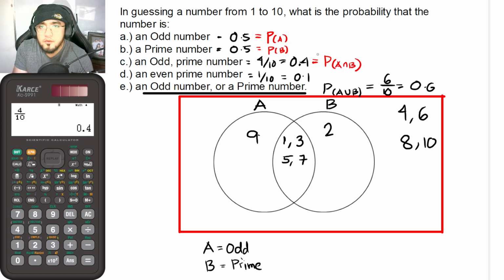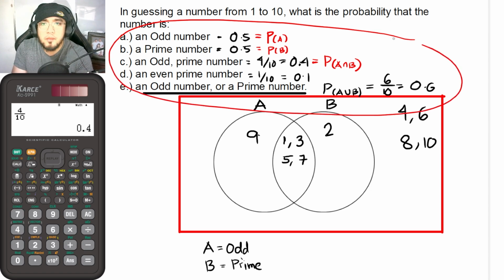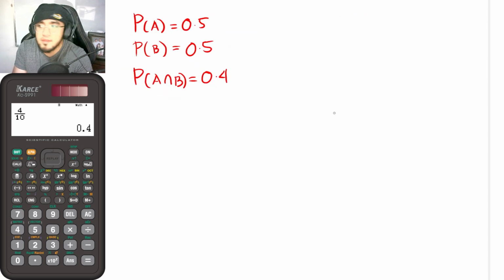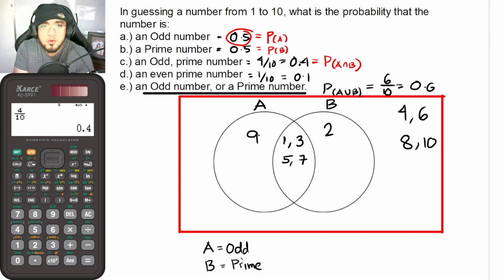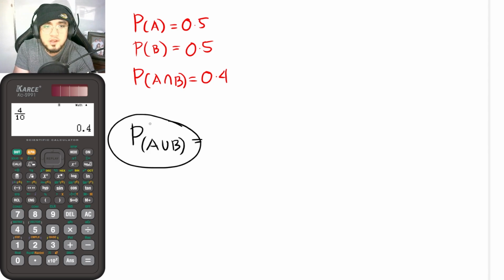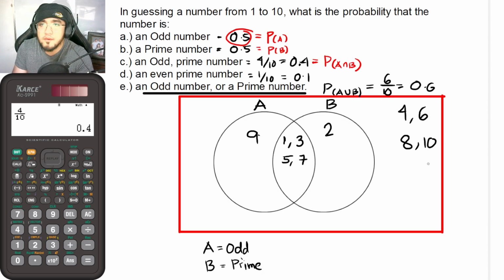Okay, so what if we would be resolving this problem, however, the only givens here are these ones here. So suppose that we are only given this data, and let's say that we are now to solve for letter E. When we say letter E, we are solving for P, or the probability of the union between A and B. So how can we solve for this value without even knowing our Venn diagram or whatever is being asked here?